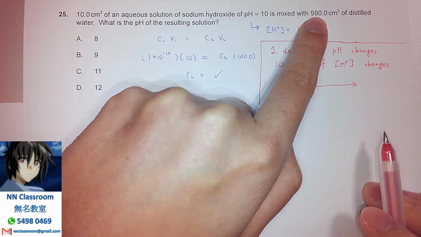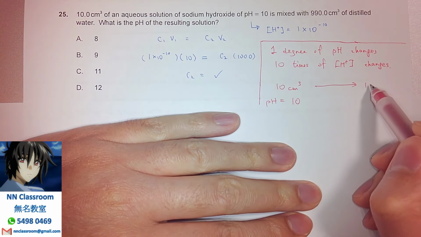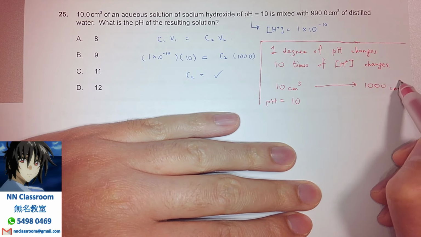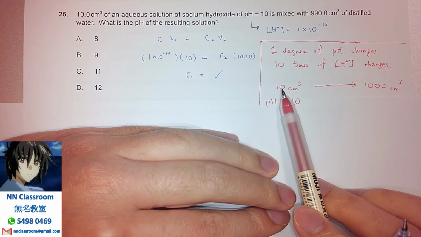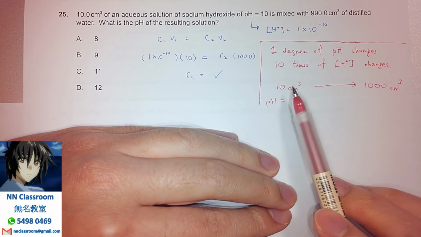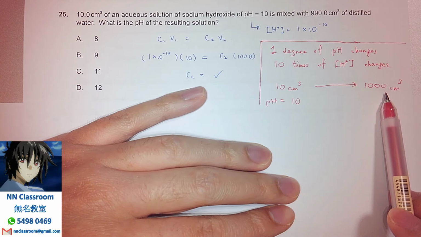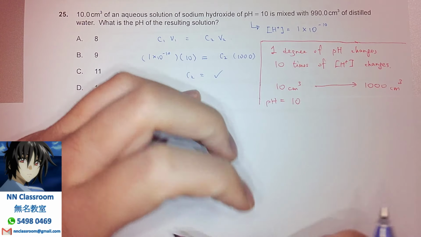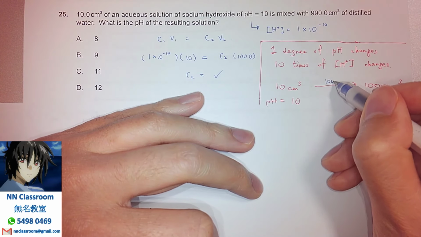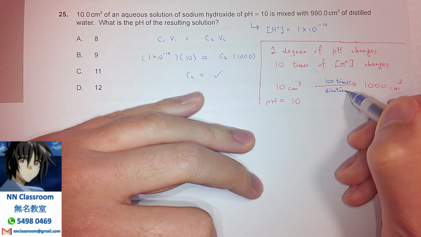It's all because once you add this 990 to the original 10, you suddenly get 1000, right? And so the numbers become so beautiful and easy to understand. From 10 to 1000, we are going to be diluting the solution by 100 times. So here, maybe I use the blue, 100 times dilution, right?